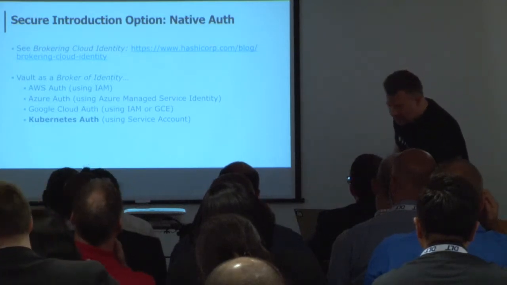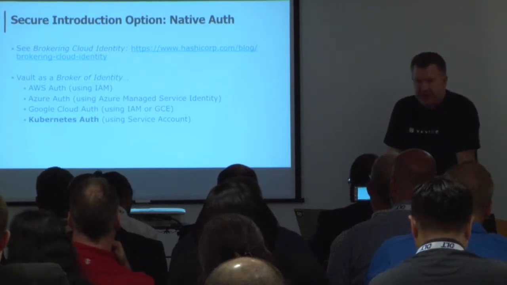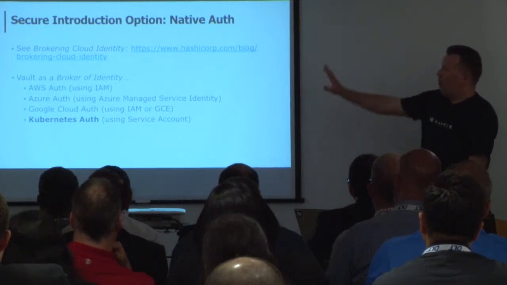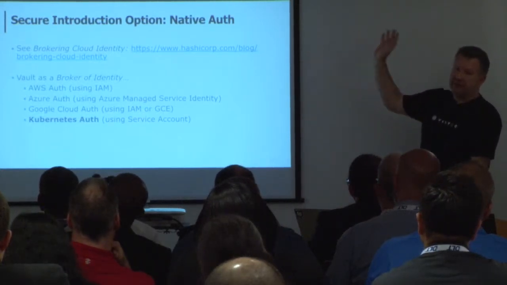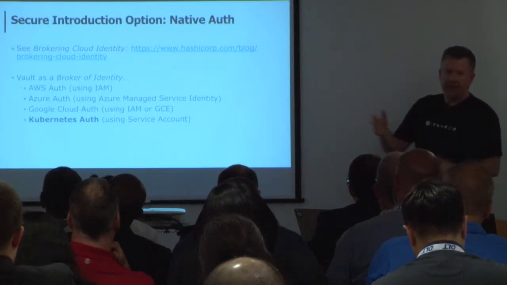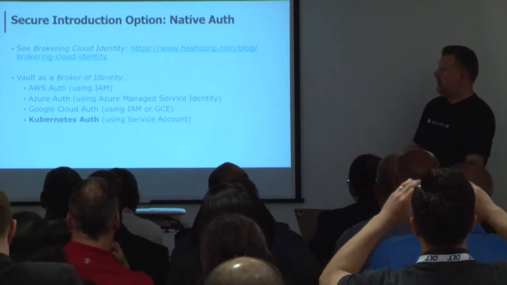So we like to talk about Vault currently, and I mentioned this already, as a broker of identity. So what does this mean, right? We have a whole white paper, and I've linked to it. I have a resources page slide at the end of this that has links to a bunch of these different resources, and we go into a lot of detail there about it.